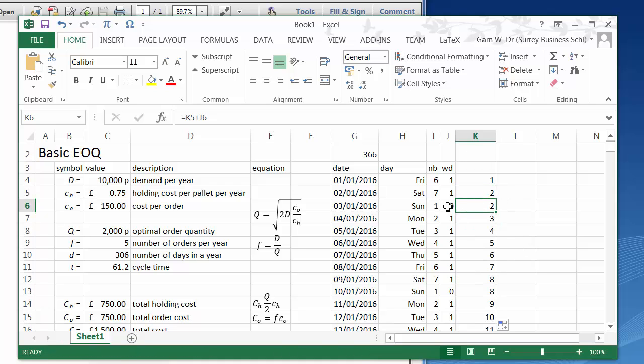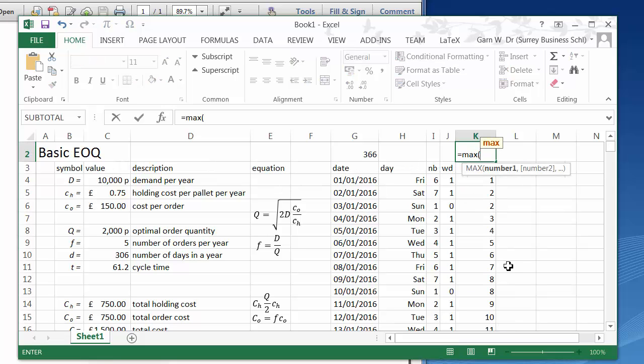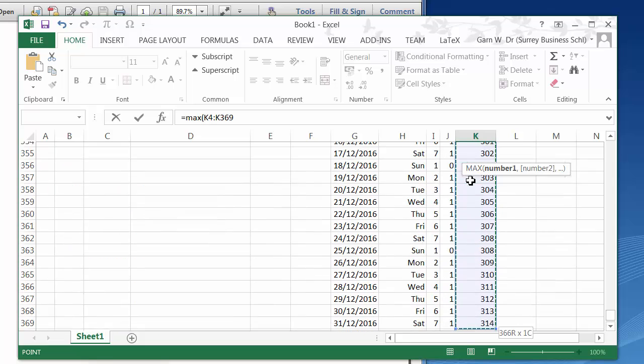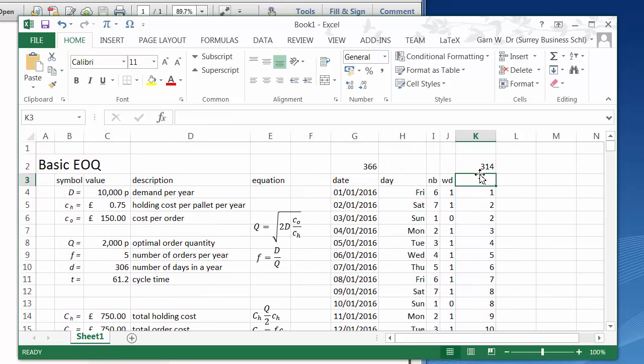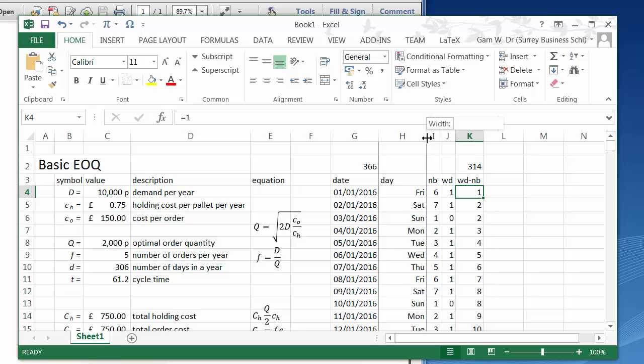So we do see, as soon as there's the Sunday, we don't increase our count, and we are taking the last entry from there, which is 314. So we've got 314 weekdays. So weekday number. Good.